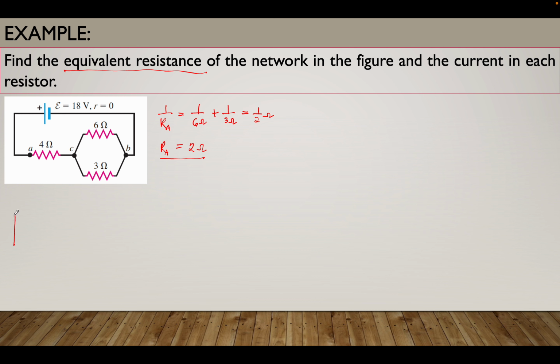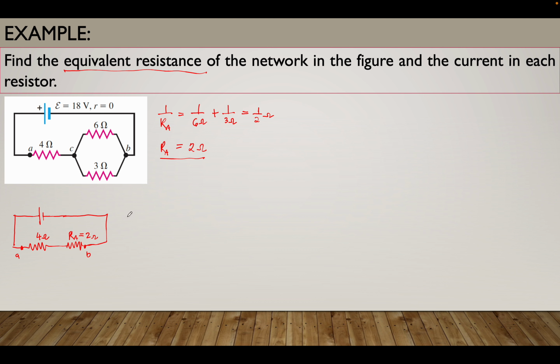So we have, say we have our battery here. So this is our 4 ohms. And now, this is now our R sub A, which is equal to 2 ohms. So what will happen? So let's say point A, and then we have here our point B. So, notice that 4 ohms and R sub A are now in series.